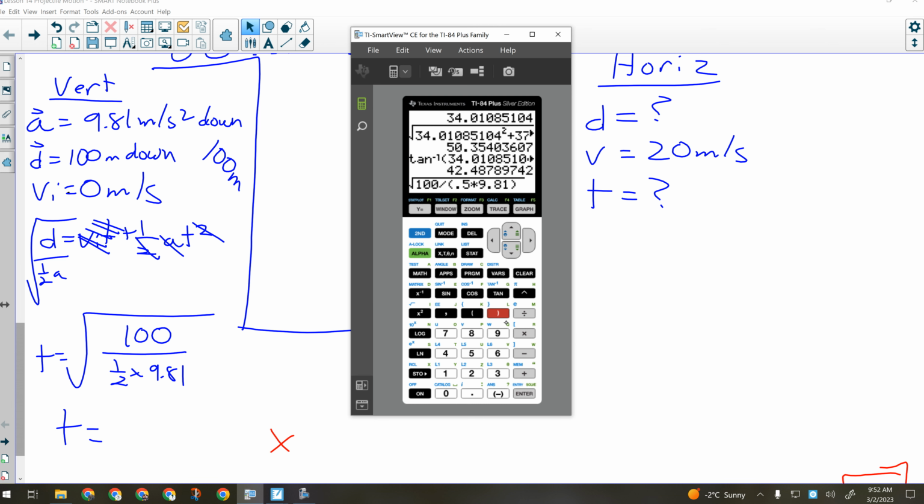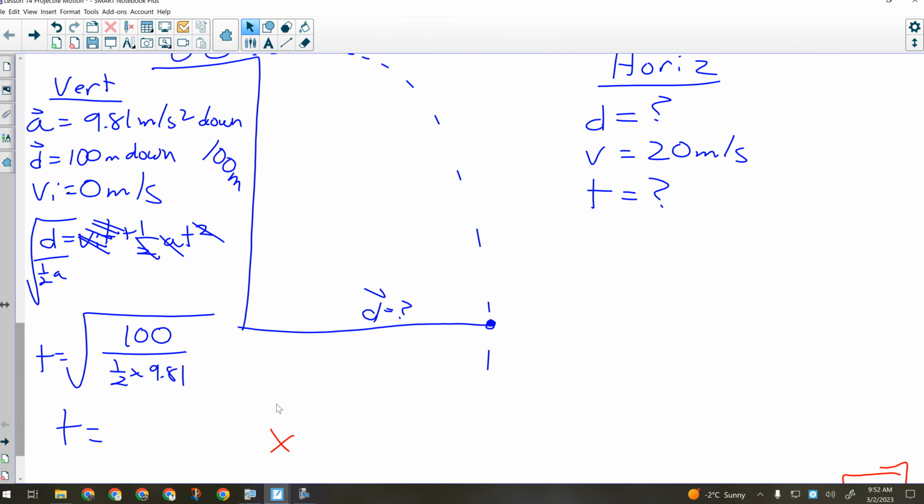Wait, so I know you divided by 1/2 of a, but how did that get rid of VIT? Oh, because VI was 0. Oh, right. Yeah. Okay, so it's going to fall for 4.515 seconds. Okay, so roughly 4.5 seconds it's going to fall for.